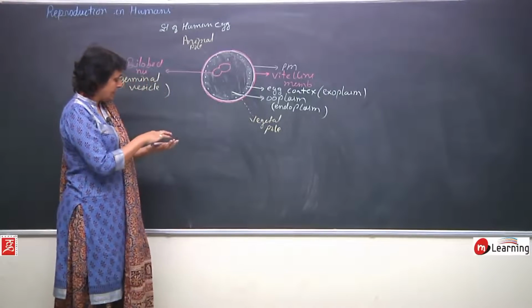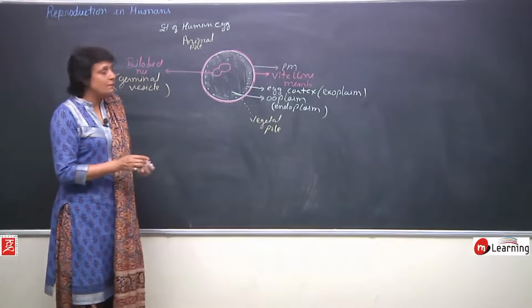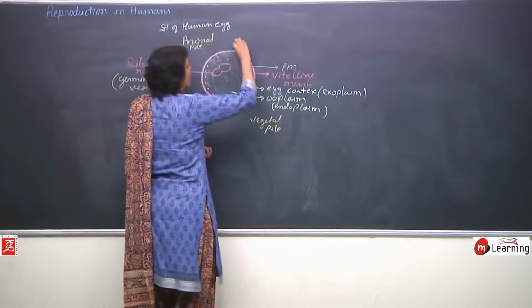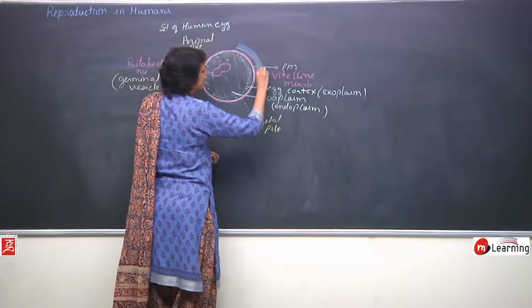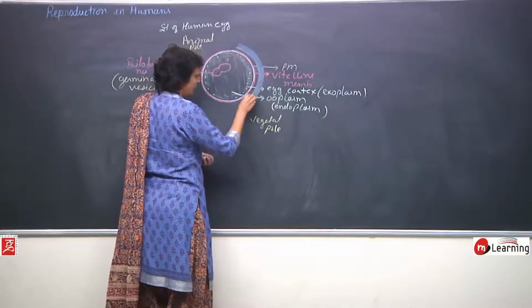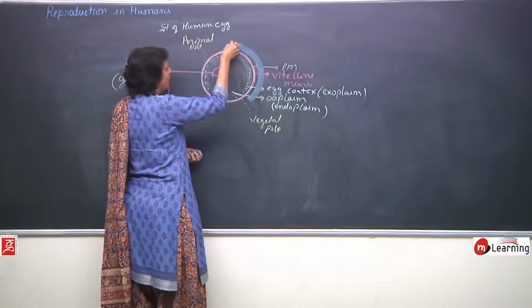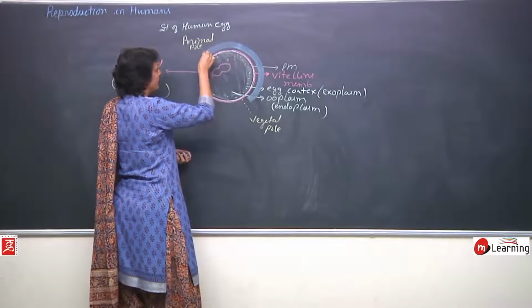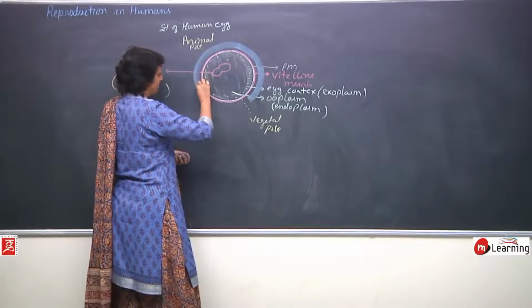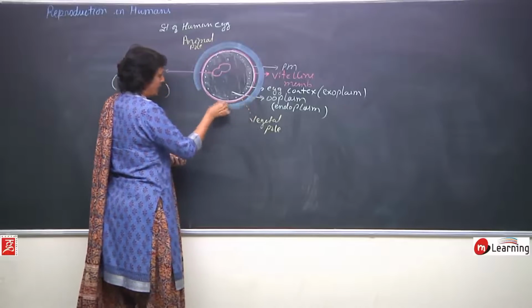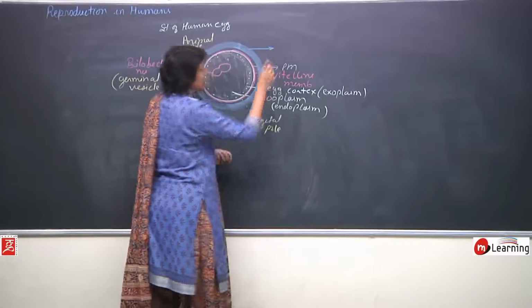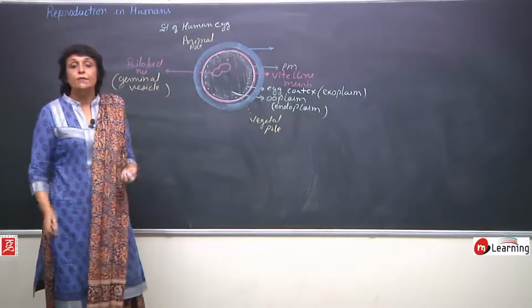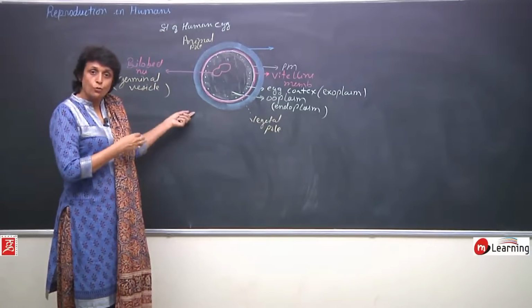Outside the vitelline membrane, there is one more membrane. It is non-cellular. This membrane is secreted by the follicular cells which are around this.